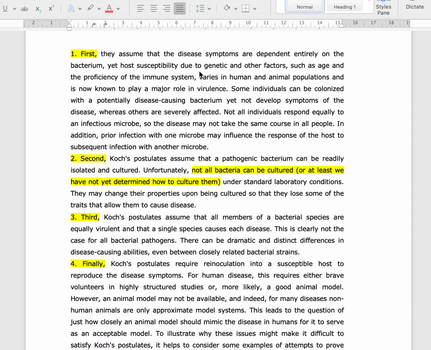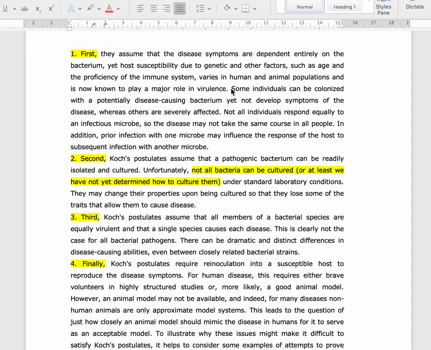Whether a pathogen will cause disease is greatly affected by these factors. So sometimes even a healthy host is not diseased, even though they may have that particular pathogen in their body. These are the limitations of the first postulate.